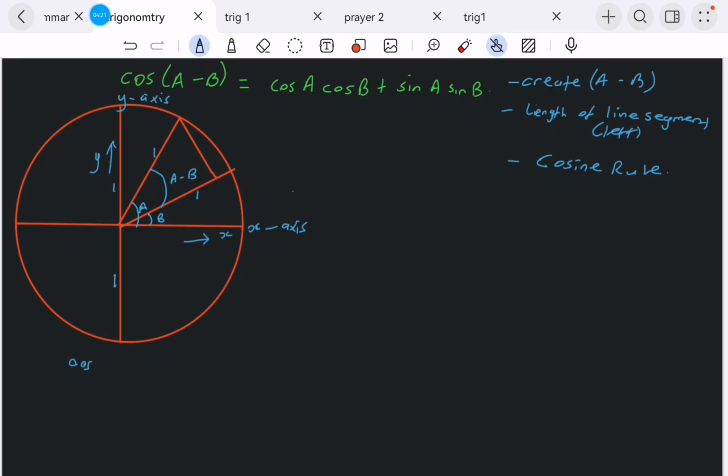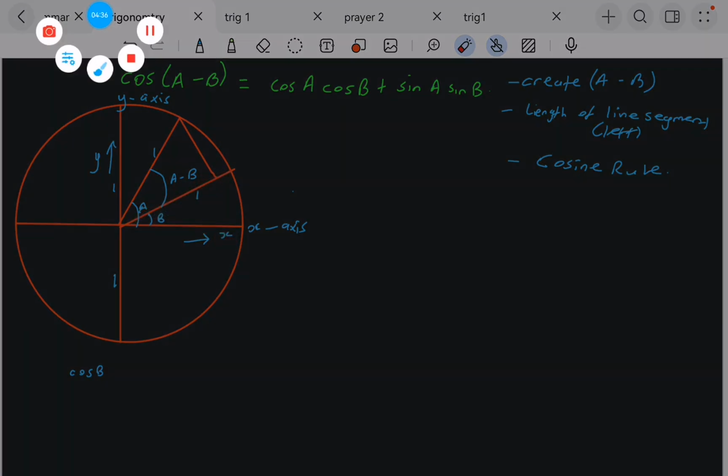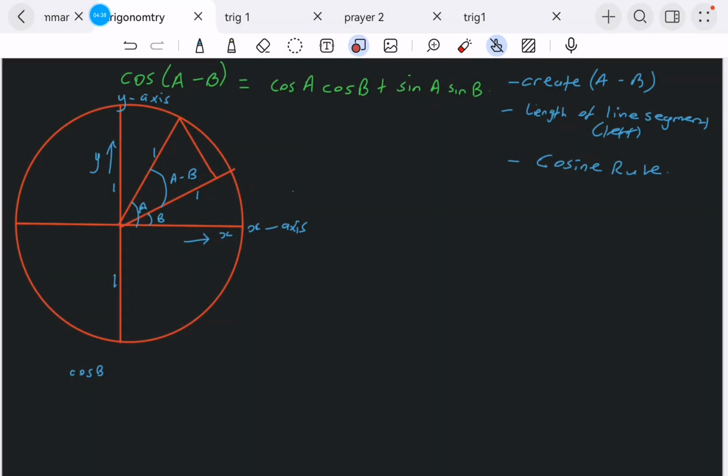So quickly before we start, the cosine of B, this is B, this is the adjacent, which is X, and the hypotenuse is 1, which is this, okay? So please don't forget that. I'm also aware that some of you are going to ask me where is the right angle. I can see, and I will do this.